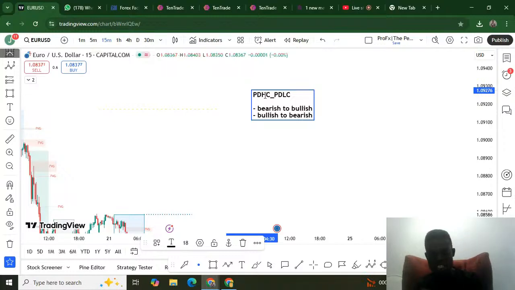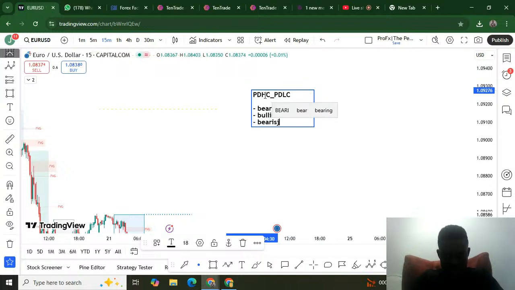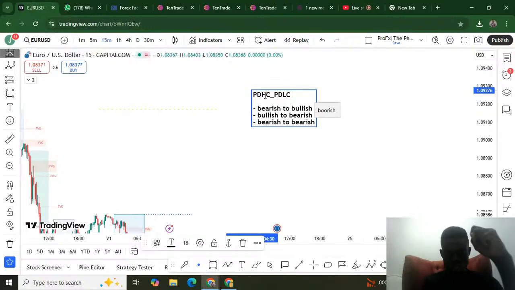Now, to bearish means that we are expecting price to be bearish for the next day. The next variant is bearish to bearish. Similarly, this means that the previous day closed bearish, meaning that we opened up and closed down.